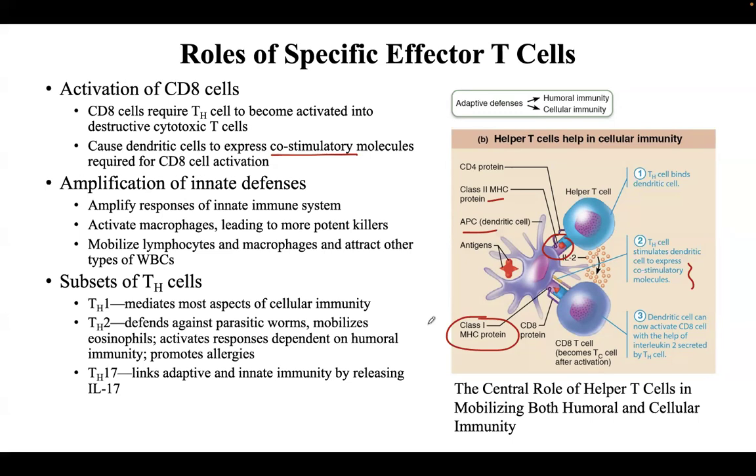But before all of this could happen, the helper cell has already interacted with it and produced some cytokines that are regulating all this direct destruction. Is it clear? A little bit? This is slightly complicated. Basically, remember, before CD8 does anything, the helper cell is mediating the process.